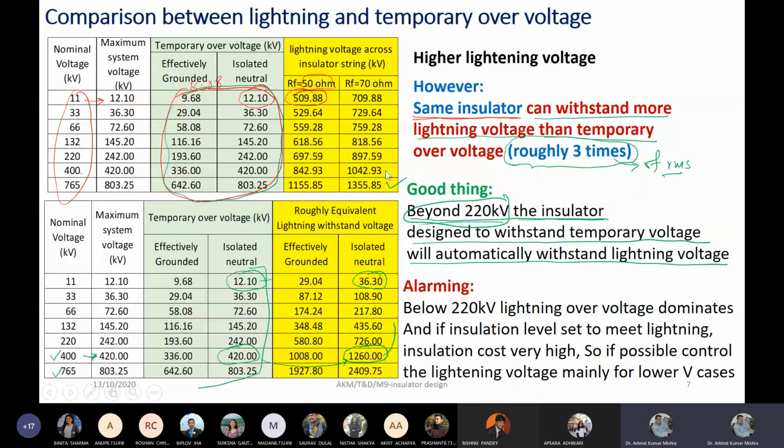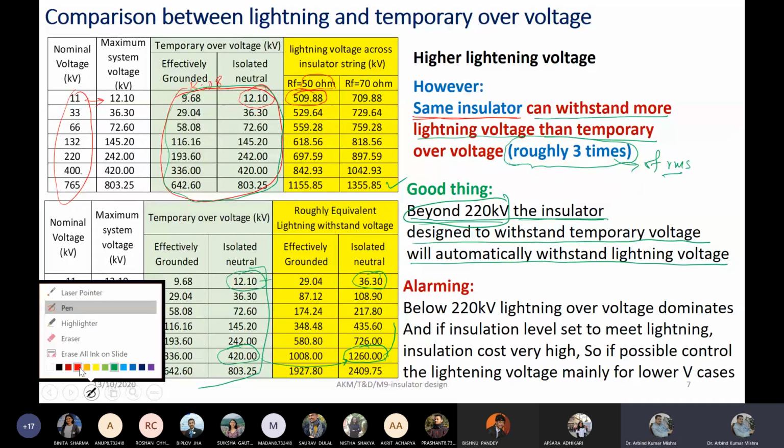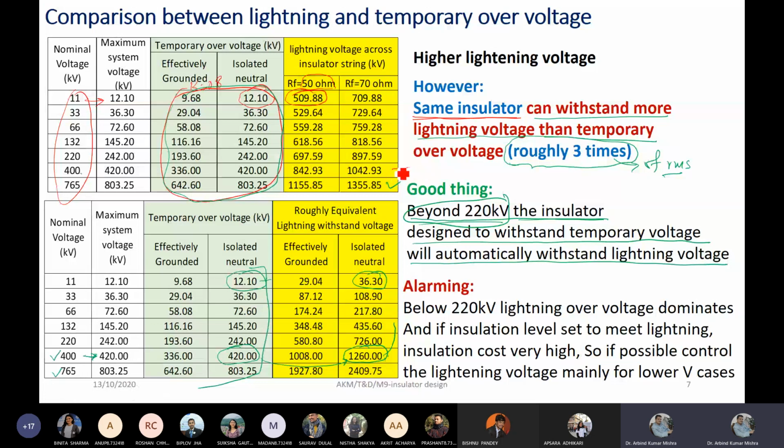Again I repeat, this is a very important point, because this is the actual lightning voltage at a 400 kV system, isn't it?